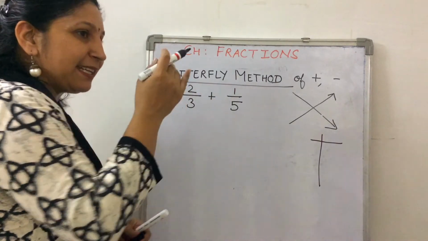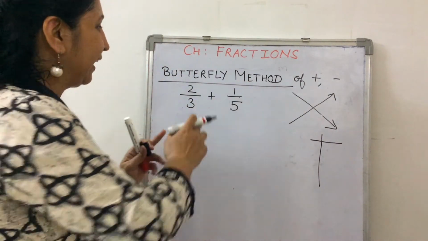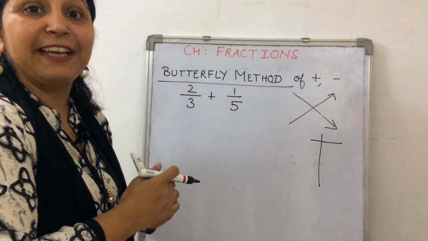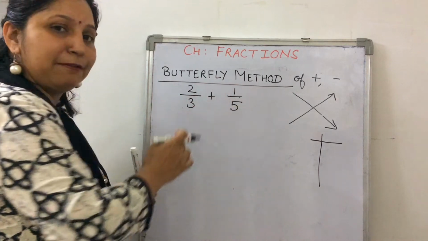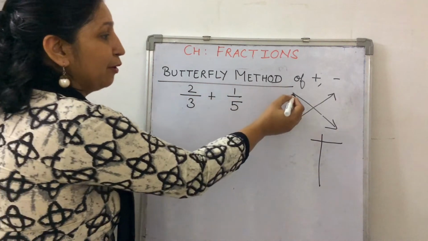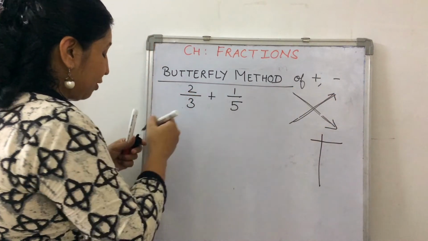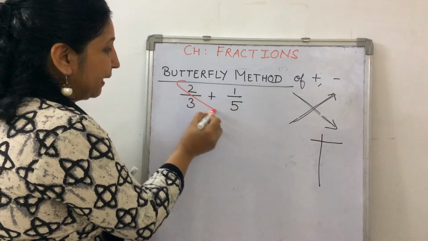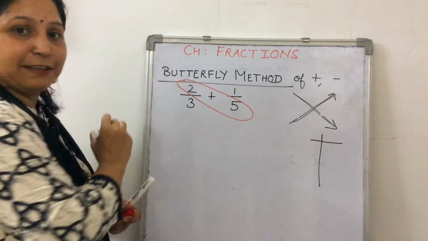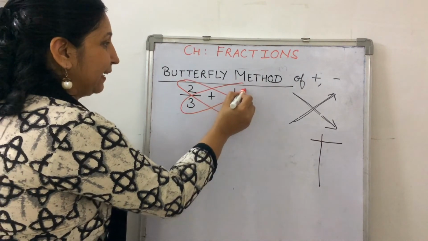We assume that one butterfly exists, so we make its wings. This is first digit, second digit, third digit and fourth digit. We go slant, this way. First we make wings, this is your first wing, and second wing will be made like this.